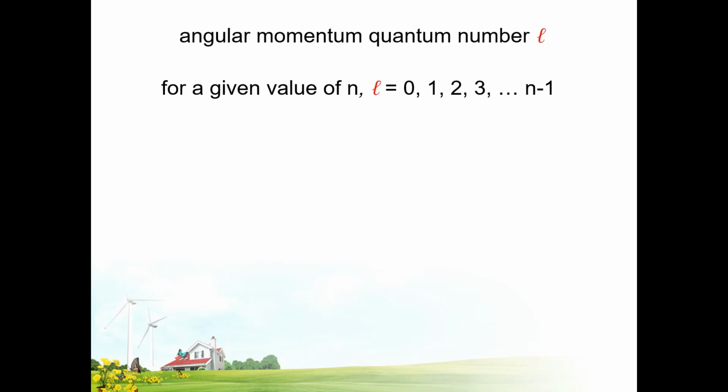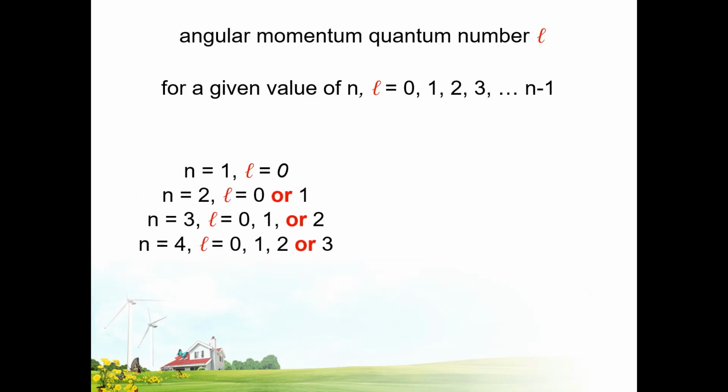Let's do another example. We've done n equals 2. Let's look at n equals 4. When n equals 4, l is 0 until n minus 1. So in this case, n minus 1 is 3.